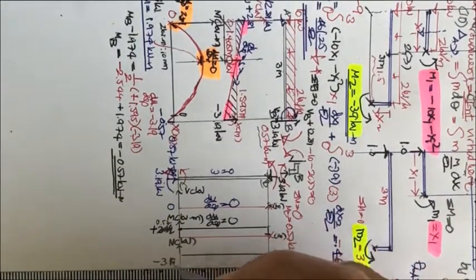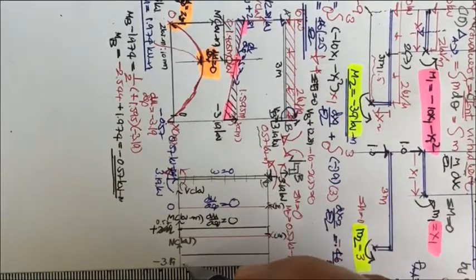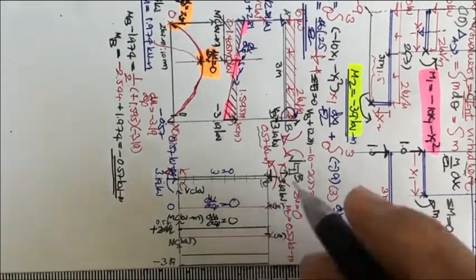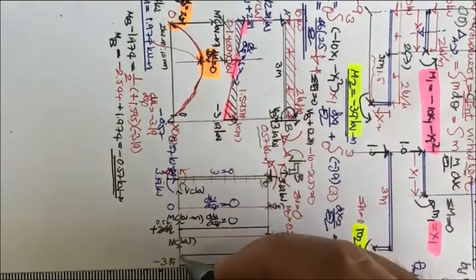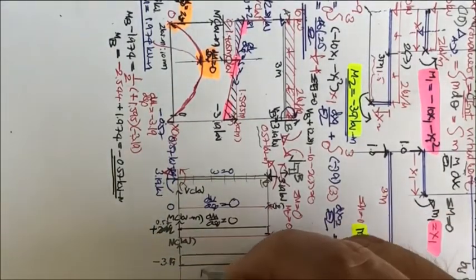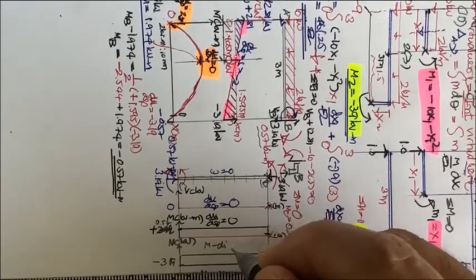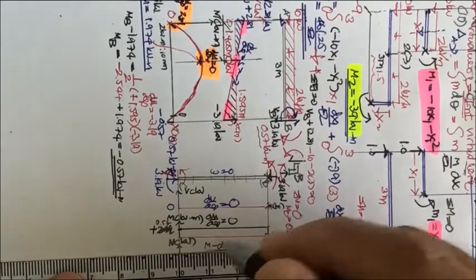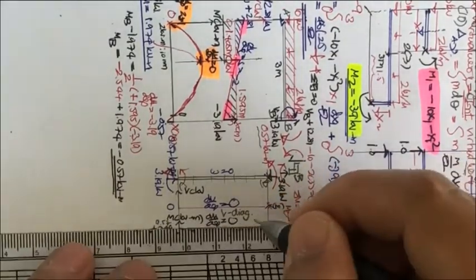And this one is compression, minus 3.19. And you can cut it anywhere. It's going to be minus 3.19 until here, close. This is x in meters. This is minus 3.19. This is called the normal force diagram. This one is the M diagram. And this one is the shear diagram, if you like.